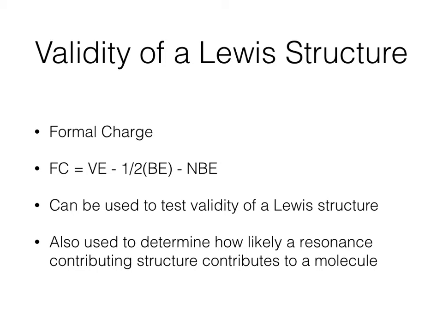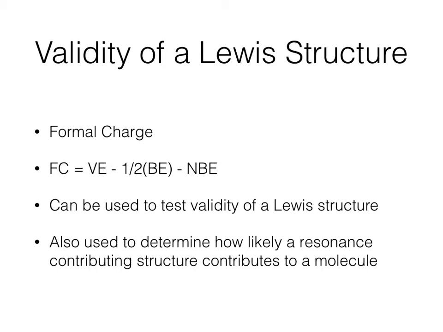Formal charge is actually just a way to check and see if your Lewis structure or your resonance contributing structures are valid. The thing is, resonance occurs in more than just a couple of different atoms or molecules. It's a big thing, because what we're drawing with these Lewis structures, remember, is a model of what nature is. It's a model.